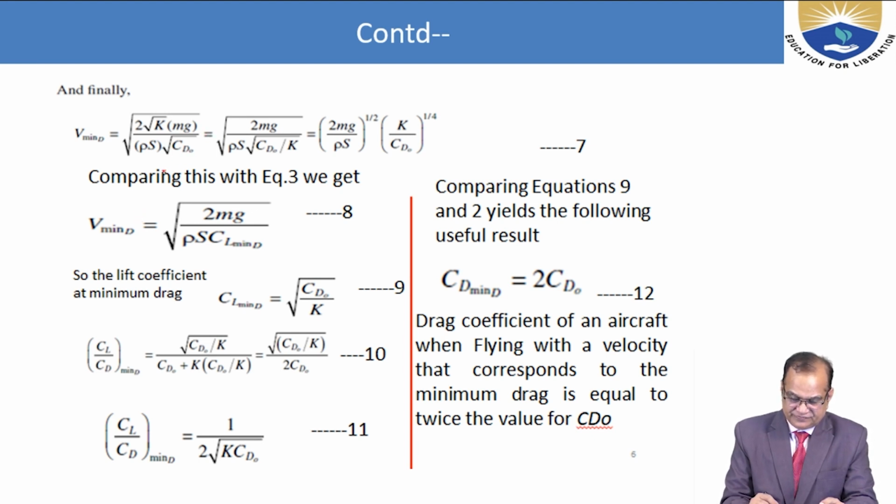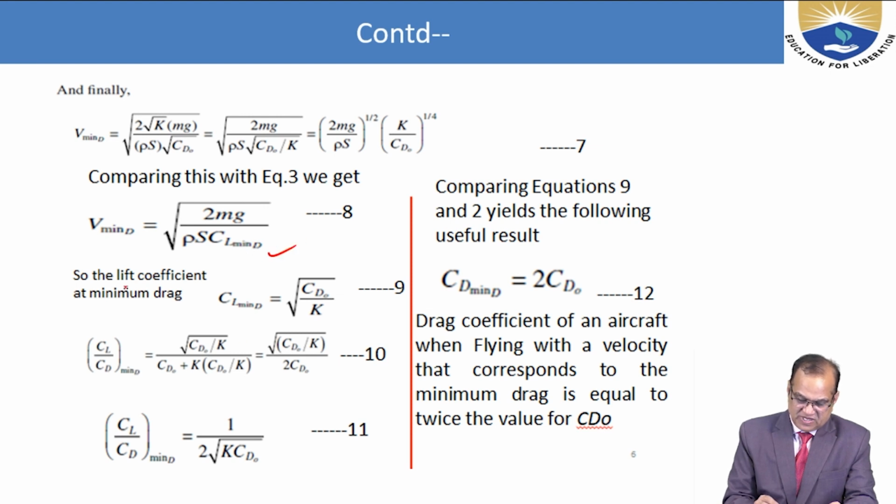the square root of 2 mg by rho S, under root K by CD naught, to the power 1 by 4. Comparing this to equation number 3, we get V minimum drag is equal to under root 2 mg by rho S CL minimum drag.